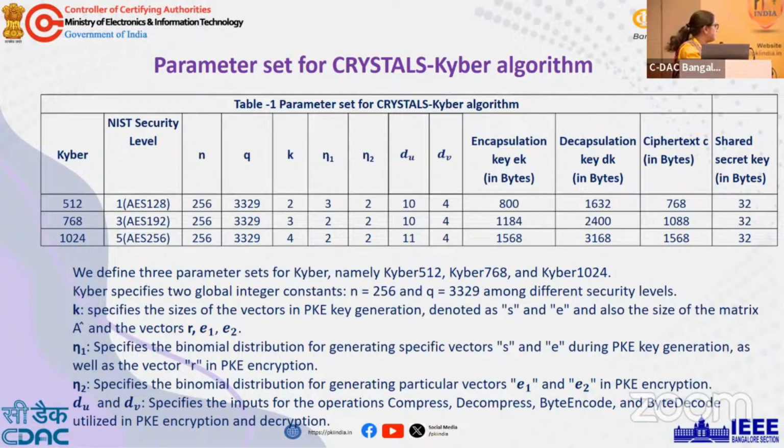So K specifies the sizes of the vectors in PKE key generation, which are denoted as S and E, and also the size of matrix A cap. The vectors R, E1, all these are derived from the parameter K. And eta 1 specifies the binomial distribution for generating the vectors S and E during PKE key generation, as well as the random vector R. And eta 2 specifies the binomial distribution for generating vectors like E1 and E2 in PKE encryption.